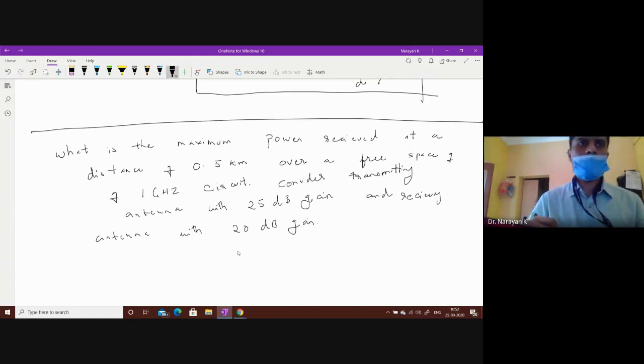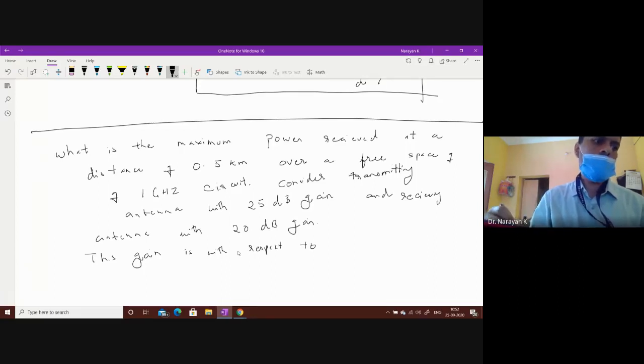This gain is with respect to a lossless isotropic source.